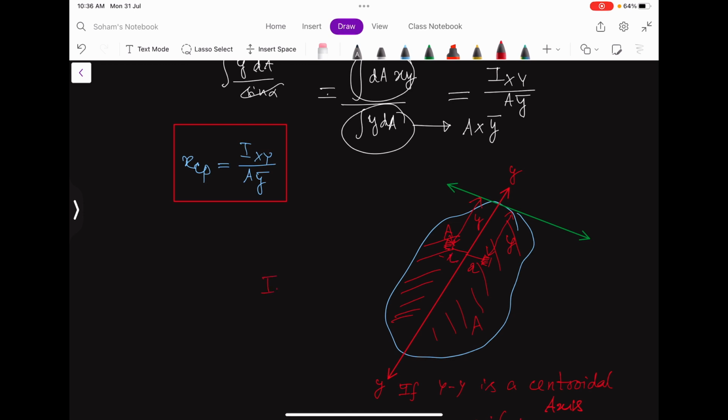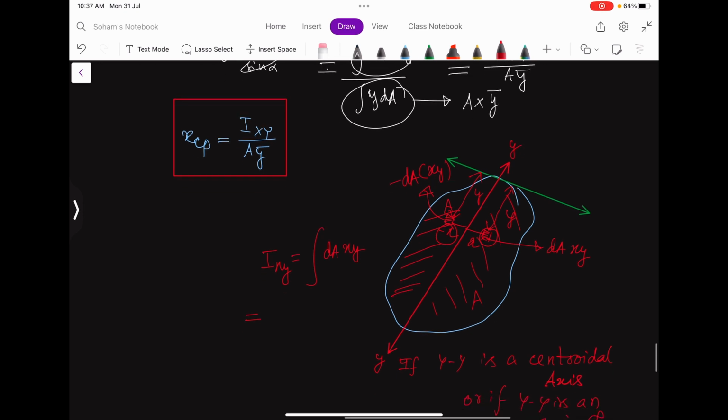So Ixy will be dA into xy for this one, and for this one dA into minus xy, because of this minus x, and that will be cancelled out. So if I take this y as my centroidal axis, then this Ixy is actually 0.